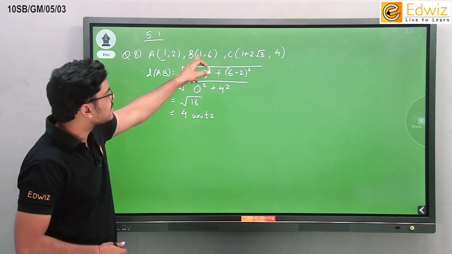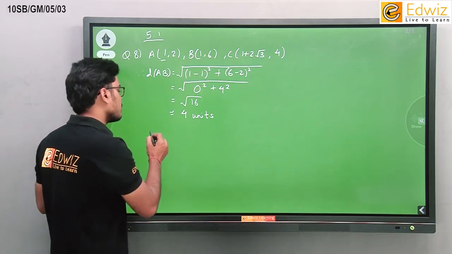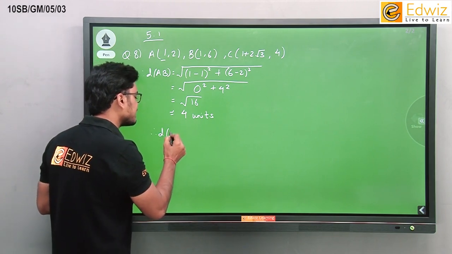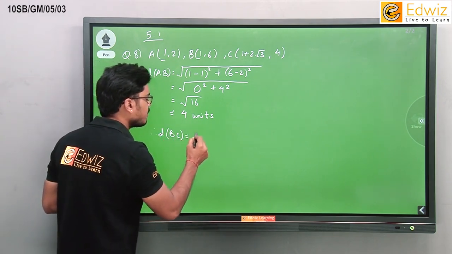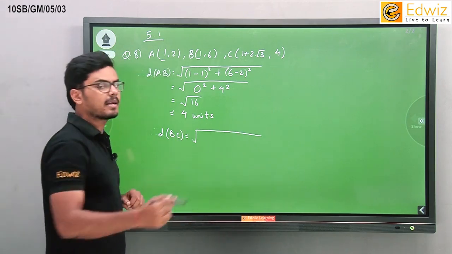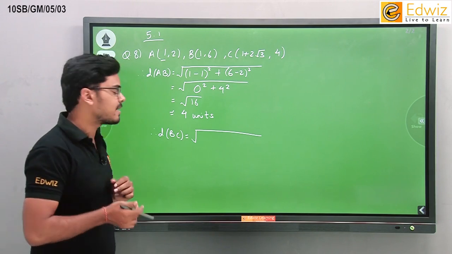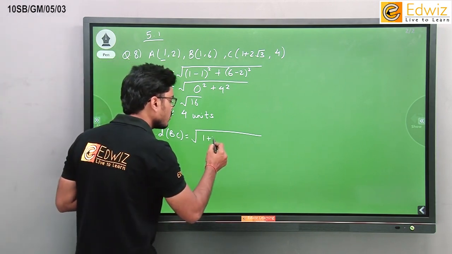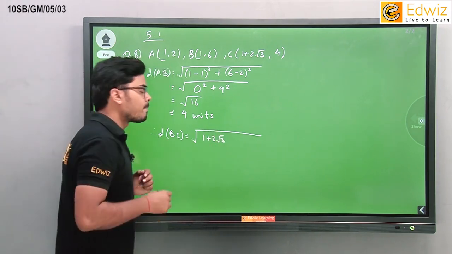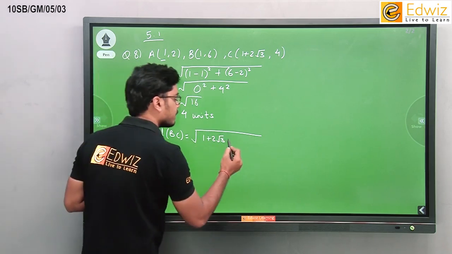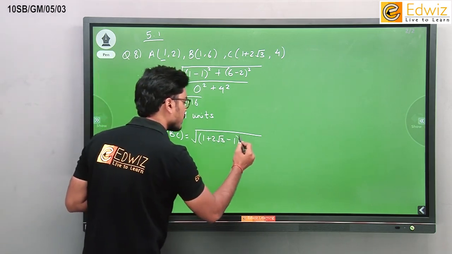Now let us find out the distance between points B and C. So distance between B and C will be equal to square root of, once again, x2 minus x1. x2 is 1 plus 2 root 3, the entire thing. 1 plus 2 root 3 minus x1, which is 1, the whole square.